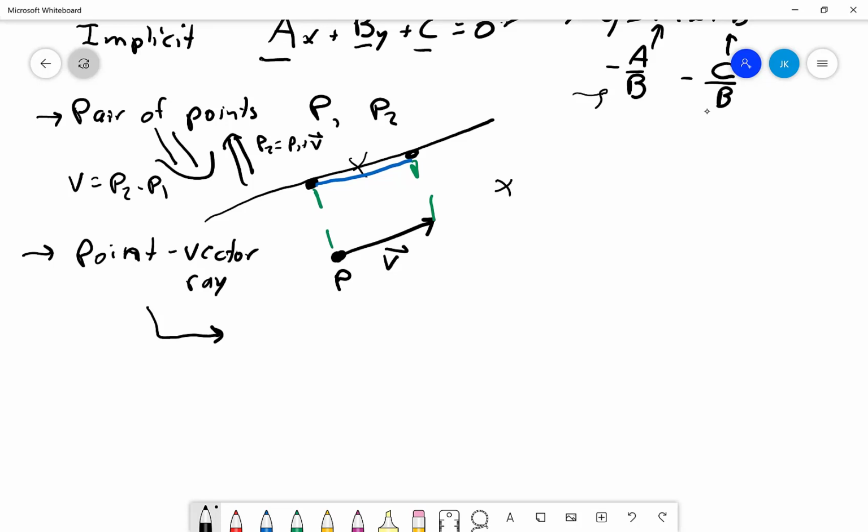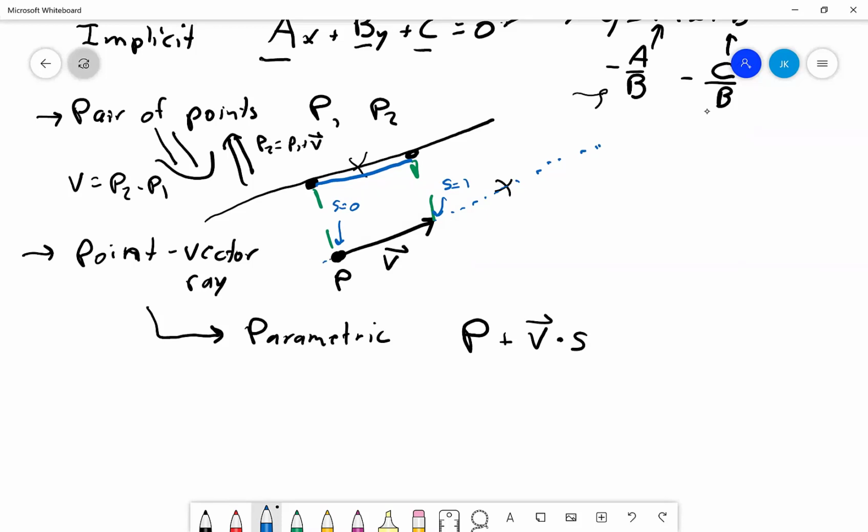This point vector representation is a way of doing a parametric version of the line. We'll often use a variable S to describe how we move along a line. The idea is we can define any point as P plus V times S. When S is equal to 0, we are at the point P. When S is equal to 1, we are V away from P. If S is greater than 1, we go farther in that direction.